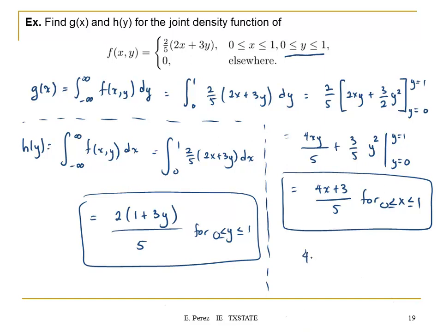So you have 4x times 1 over 5 plus 3 over 5 minus 4, this is 0, plus, let me double check.